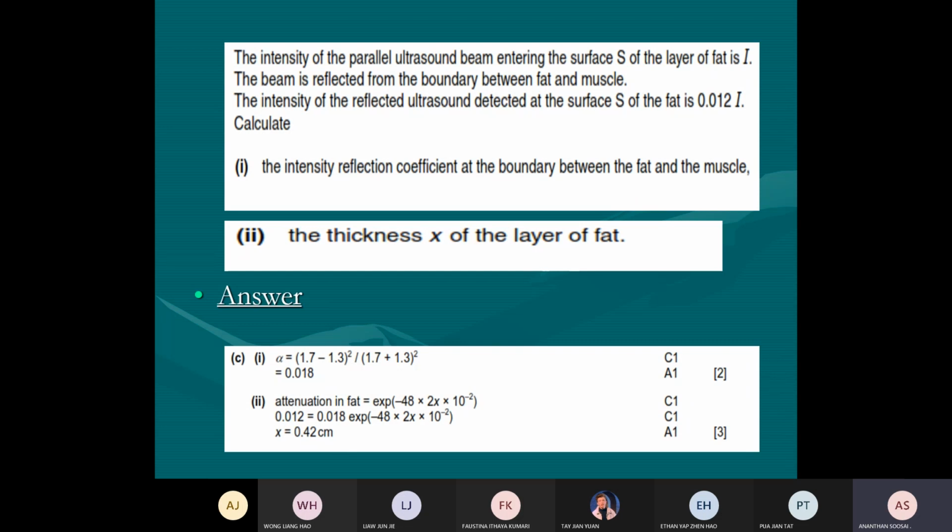So alpha is 0.018, and the exponent is 2 times the thickness, 2x.